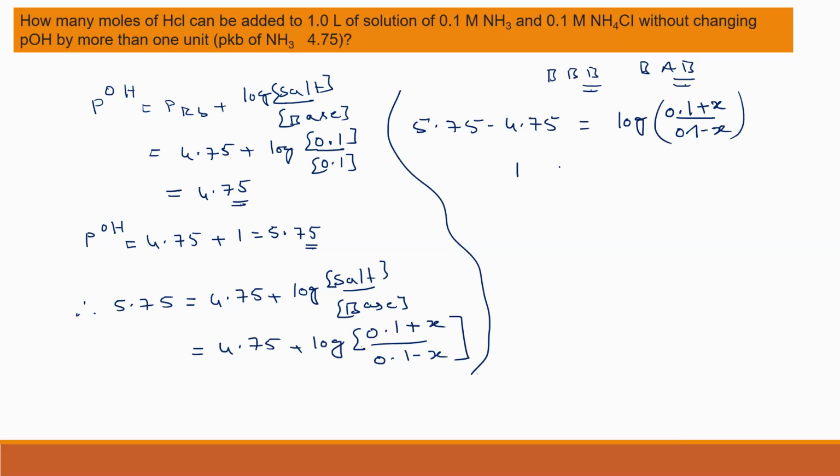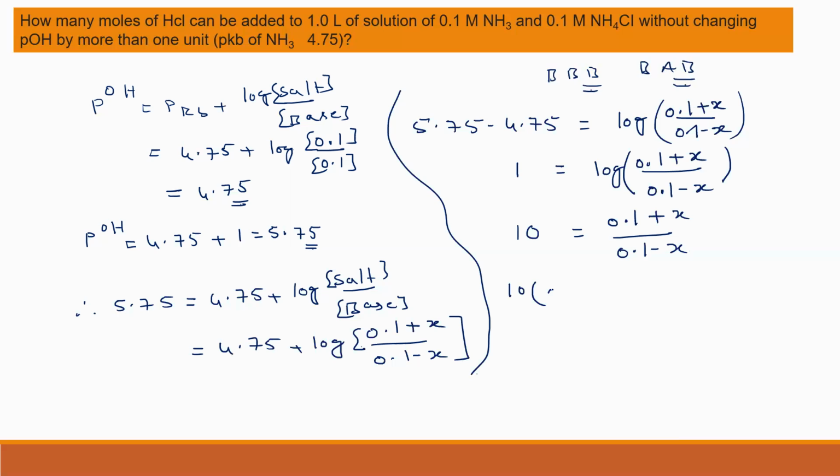Okay, so this is 1. 1 is equal to log of 0.1 plus x by 0.1 minus x. Take the antilog on both sides. So then 10 is equal to 0.1 plus x by 0.1 minus x.